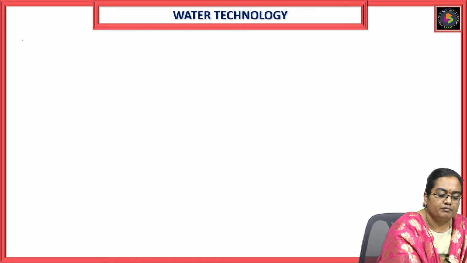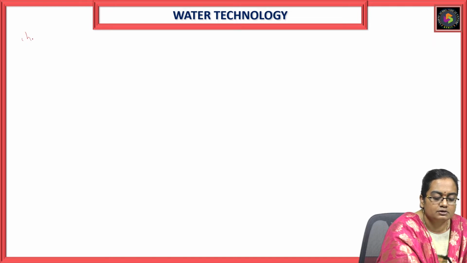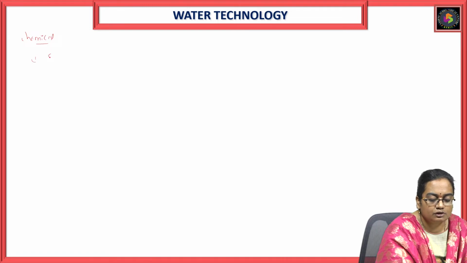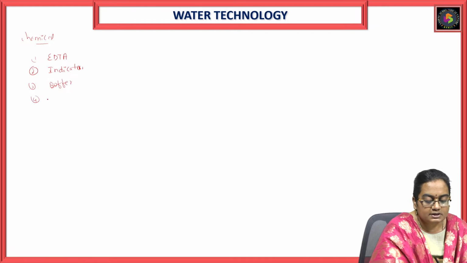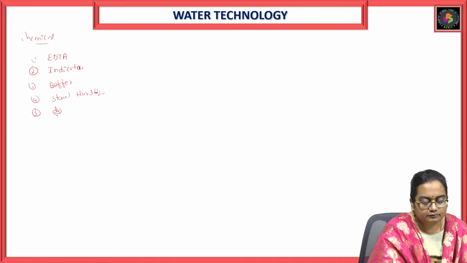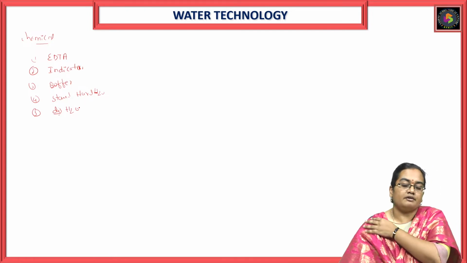First, the chemicals we require are EDTA solution, indicator, buffer, standard hard water, and distilled water. So these are the chemicals we require here.